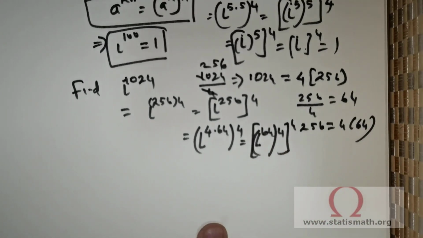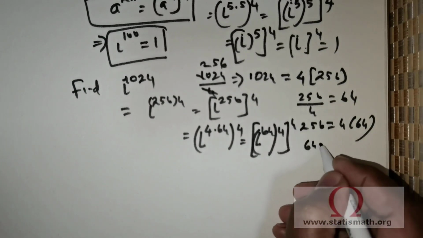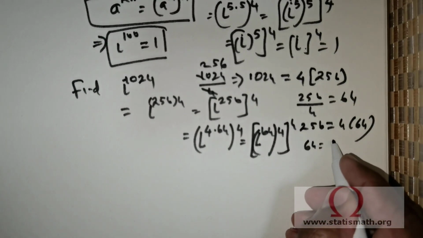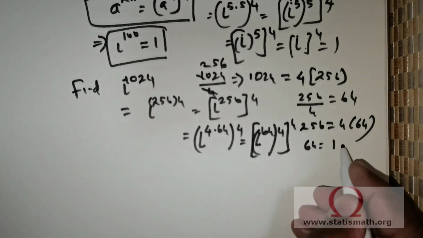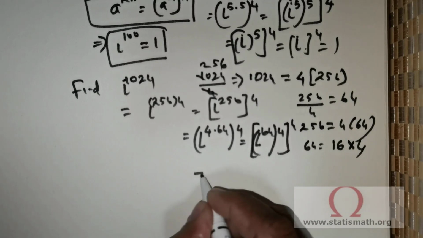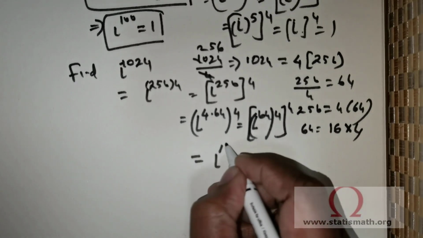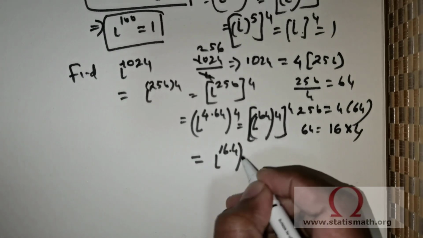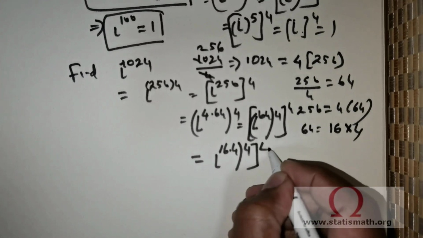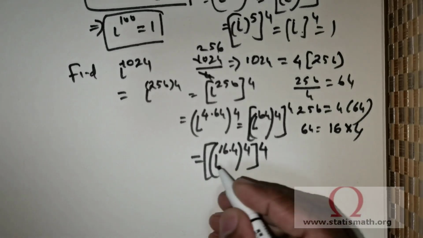Okay, I can make the following representation. Now, what is 64? 4 divides here 1 time, 2 times, 24. So 16 times 4. So this is going to be i raised to the power 16 times 4, raised to the power 4, which is in turn raised to the power 4. Okay, this is how you have the representation.